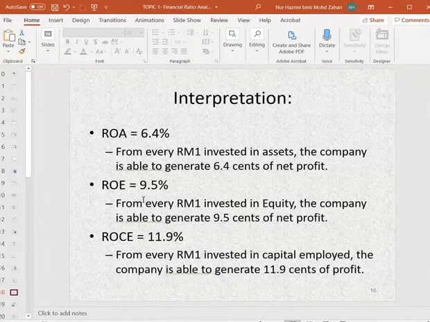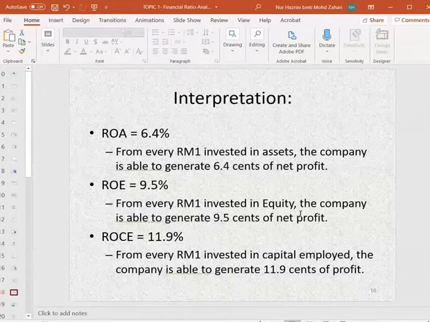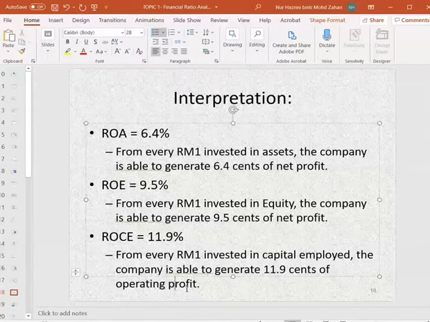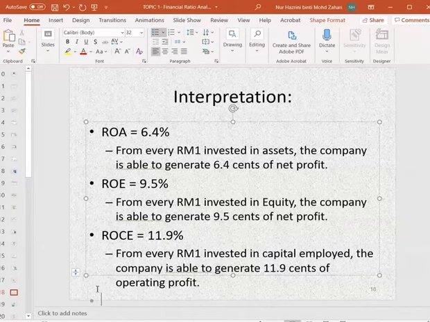For ROE, from every 1 ringgit invested in equity, the company is able to generate 9.5 cents of net profit. Also, the higher the better. And for ROCE, from every 1 ringgit invested in capital employed, the company is able to generate 11.9 cents of profit. To be more accurate, we put operating profit, because in our formula we use operating profit.